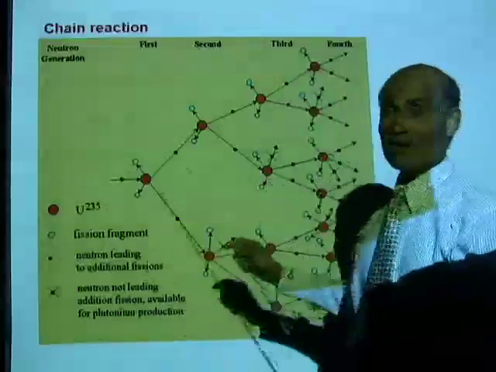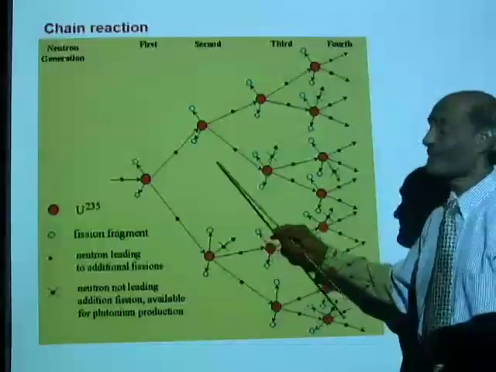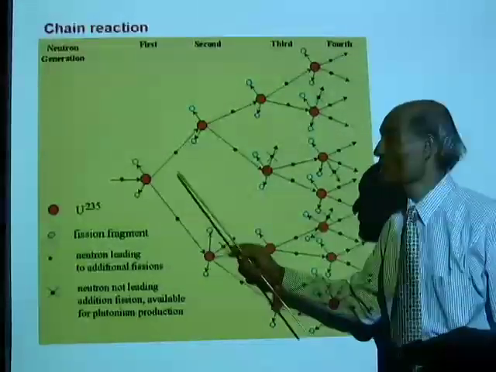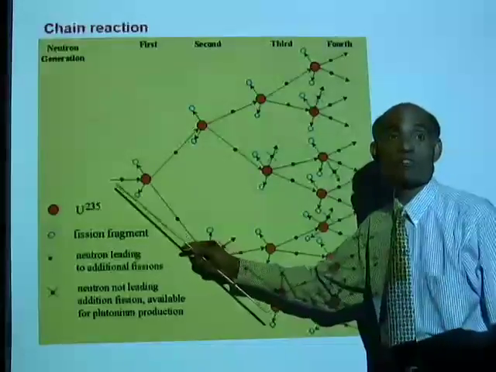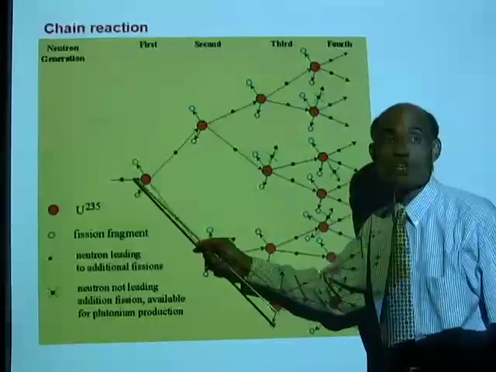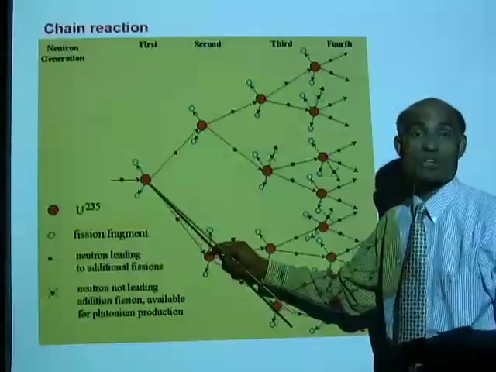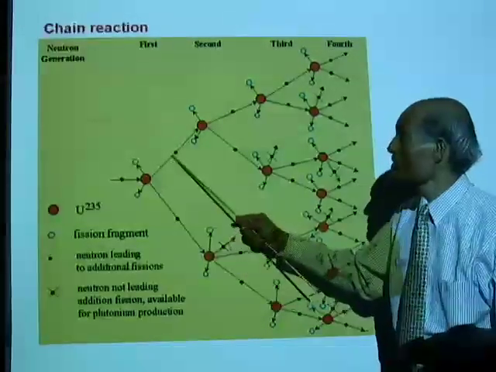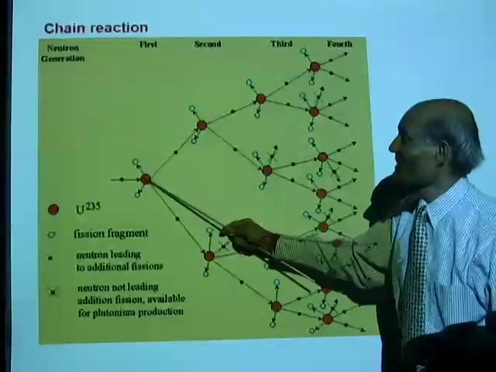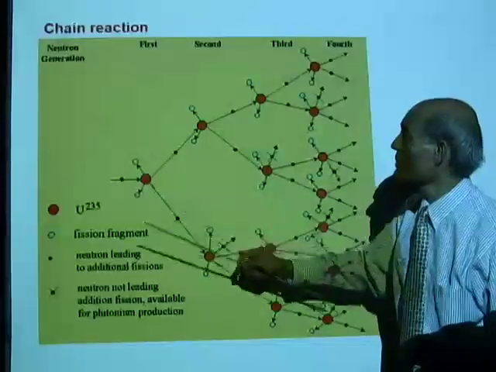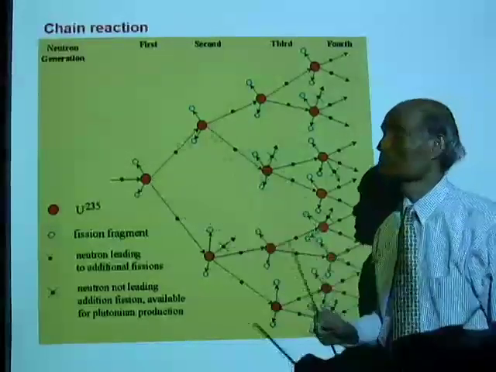What is a chain reaction? Here I have explained what a chain reaction is. The first uranium nucleus absorbs a slow neutron, or thermal neutron, undergoes fission, produces fission products, and those fission products include 2 free neutrons.